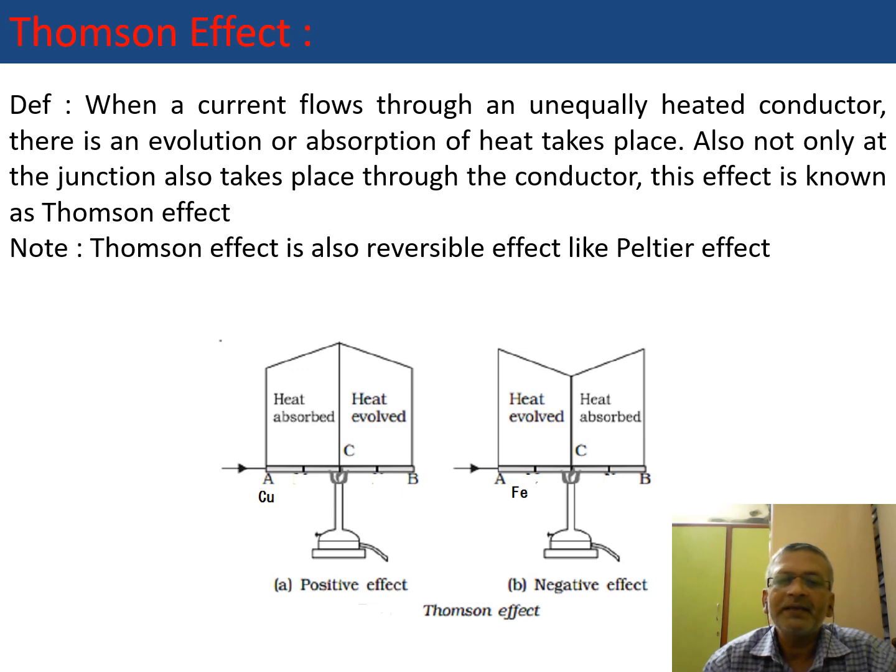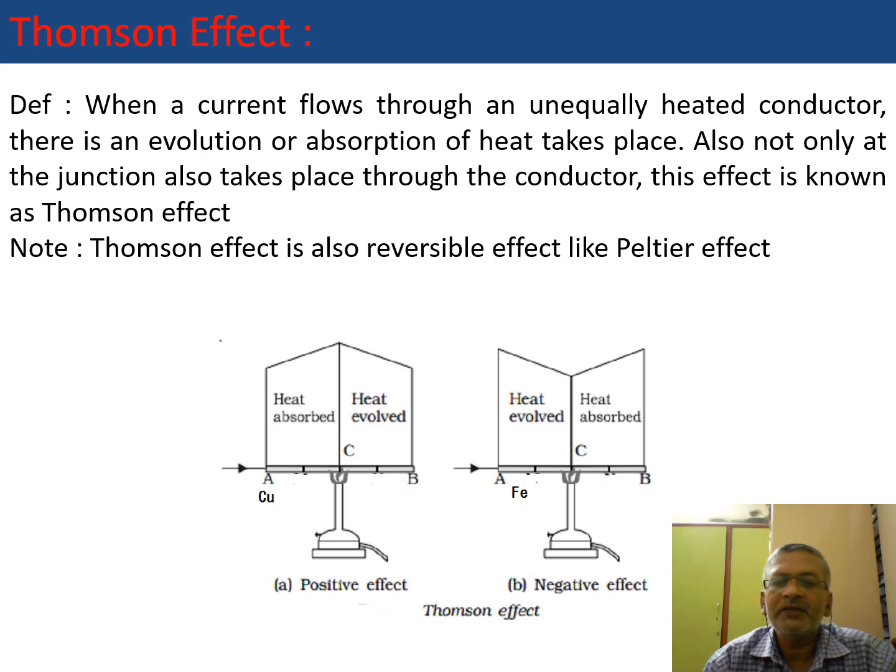Now, if we pass an electric current through point A, the temperature at B increases while the temperature at A decreases. As a result, B becomes the hot end and A becomes the cold end. Thus two different temperatures are produced, and this is called the Thomson effect.